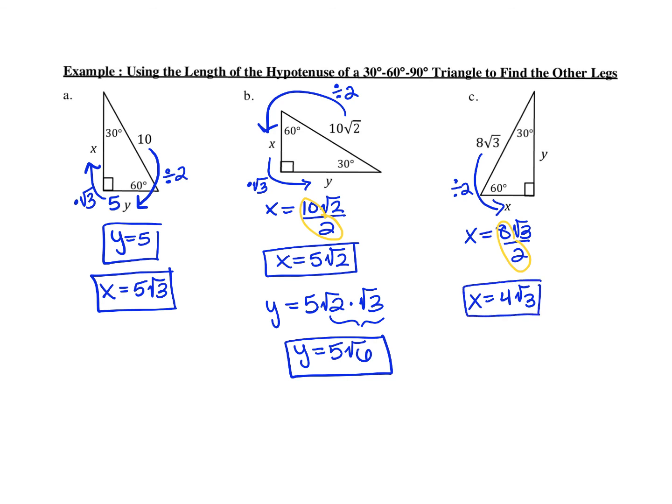And then if x is 4 root 3, I'm going to take that 4 root 3 and multiply it by root 3. So I take my short side, which is 4 root 3, and multiply it by root 3 to get the medium side. So that would equal 4 times 3, making y 12.